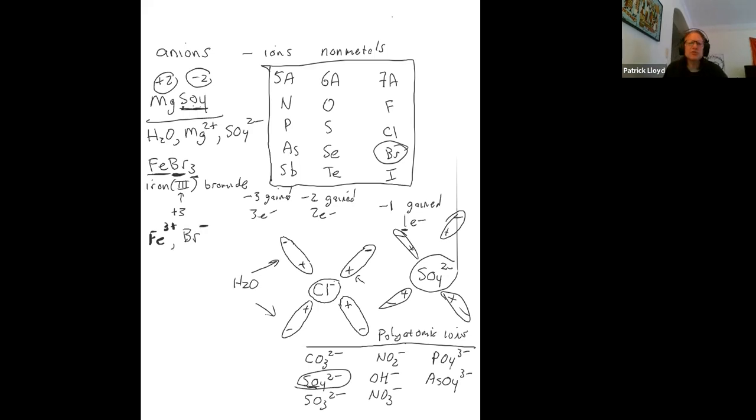If you're just saying, hey, what's dissolved in the water, you don't have to write 3 Br- or Br3-, just write Br-. That's the actual species that's dissolved in the water. Okay, so the answer then would be water, Fe3+, and then Br-. So those would be your 3 major species that are dissolved in the water.